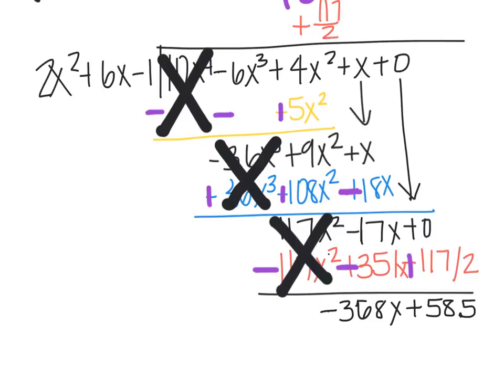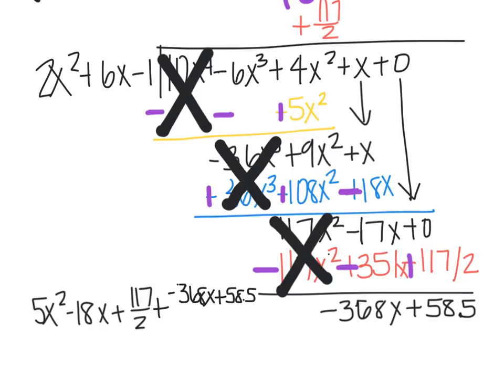And my answer to my problem would be 5x squared minus 18x plus 117 over 2 plus my remainder, which is negative 368x plus 58.5 divided by 2x squared plus 6x minus 1.